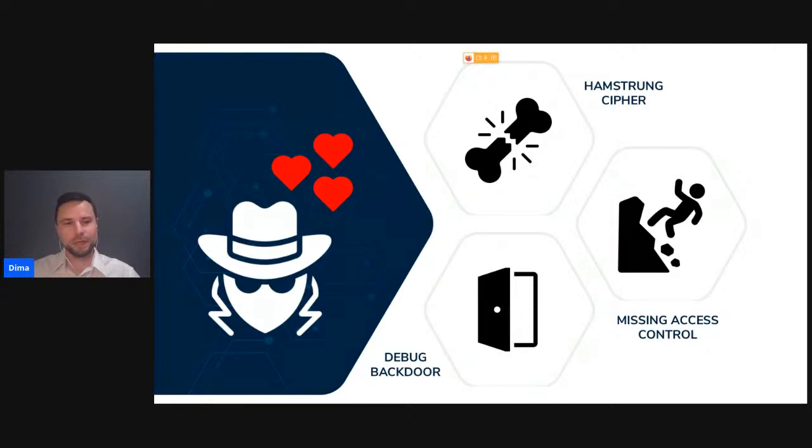And just to bring this down to the practical level, okay, attackers, they love certain things like candy because certain types of attacks are just easier for them because, for example, of a hamstrung cipher, and that can be related directly to configuration. There can be an insecure source of crypto, and this can come from just poor configuration file or implementation detail, or it can come from a legacy algorithm that was configured and should have never been used, or it can come because of a short key length.